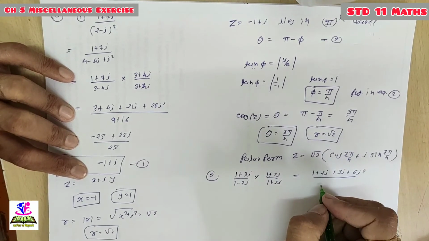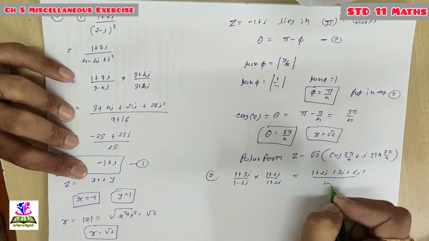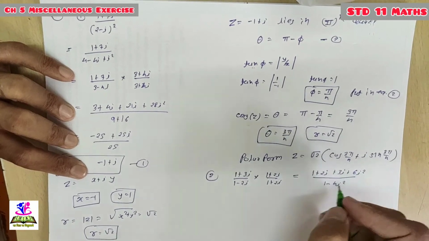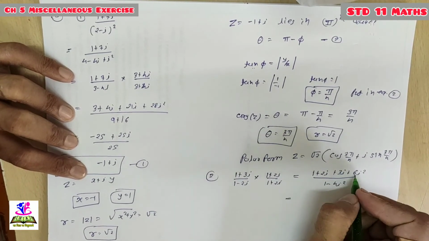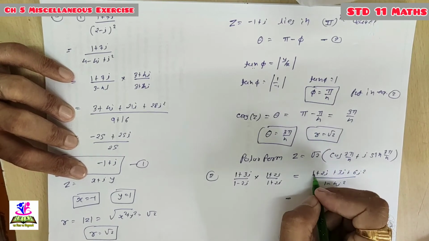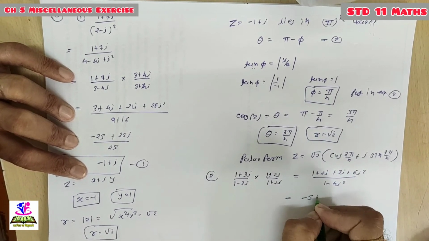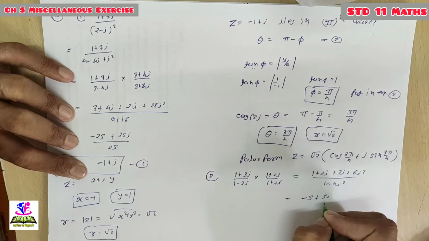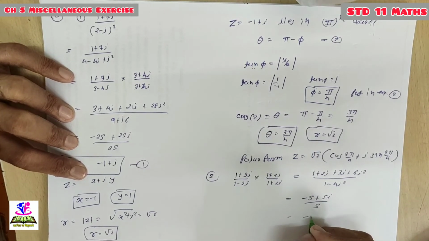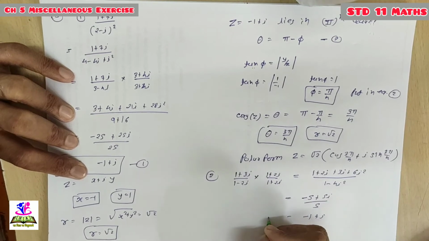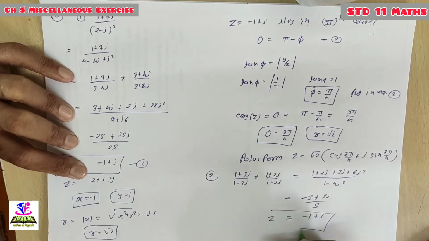Denominator is 1 minus 4i square, which is 5. In the numerator, 6i square is minus 6, minus 6 plus 1, so it's minus 5 plus 5i upon 5. Again take 5 common. It will be minus 1 plus i. So our complex number is z equal to minus 1 plus i.